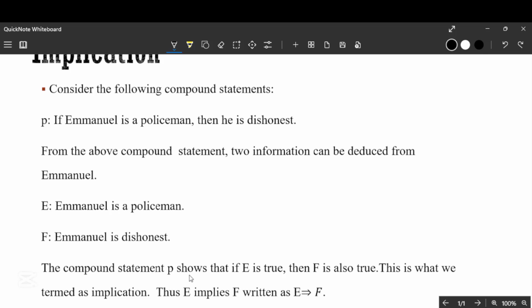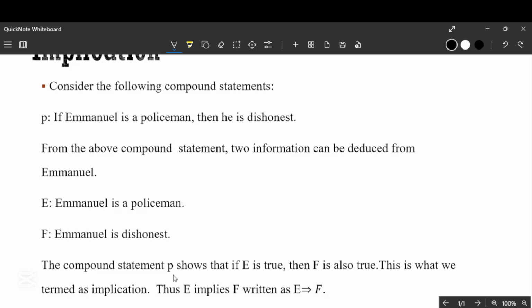The compound statement shows that if E is true, then F is also true. In that case, if Emmanuel is a policeman, definitely Emmanuel is dishonest. So E implies F. E implies F means that if Emmanuel is a policeman, definitely then Emmanuel is dishonest. And that is what we call implication.